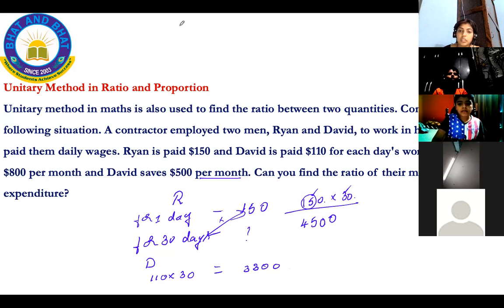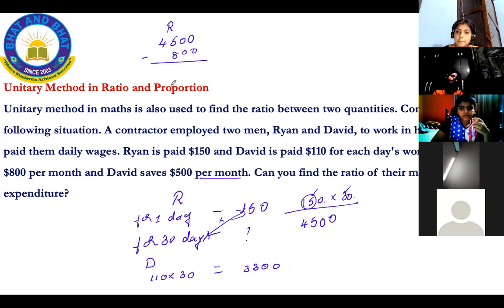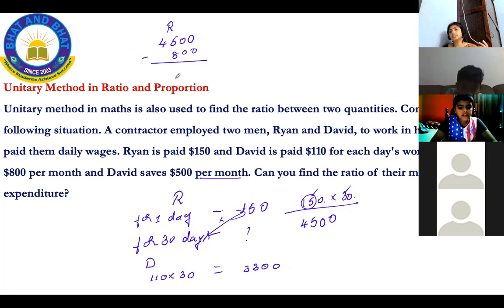Correct? Now Ryan will save 800 rupees per month. So out of 4,500 minus 800, how much will you get? 3,700.